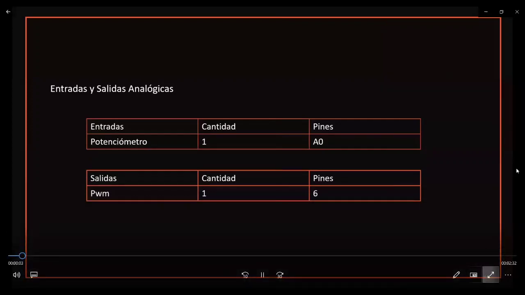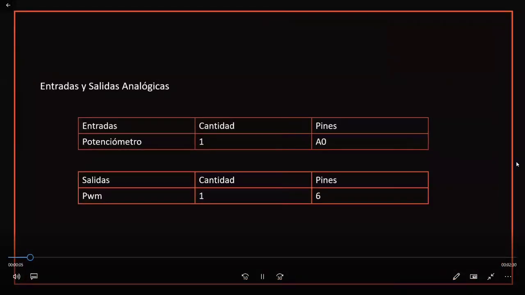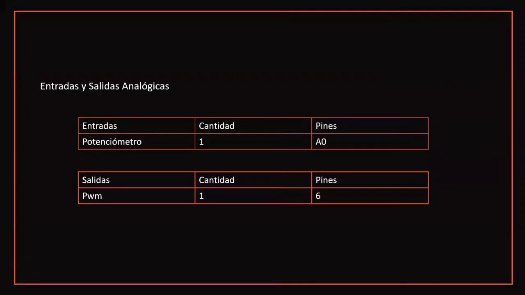Okay, we have one analog input and one analog output. The analog input is a pot, and this is in pin A0 of the Arduino, and the analog output is the PWM in pin 6 of the Arduino.